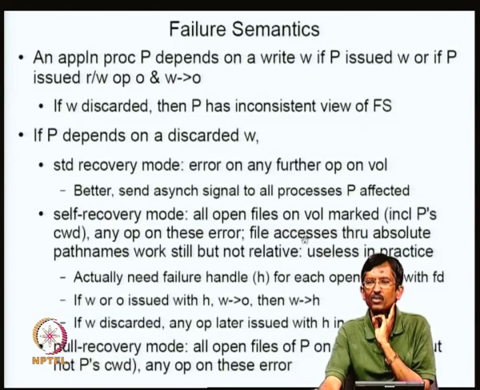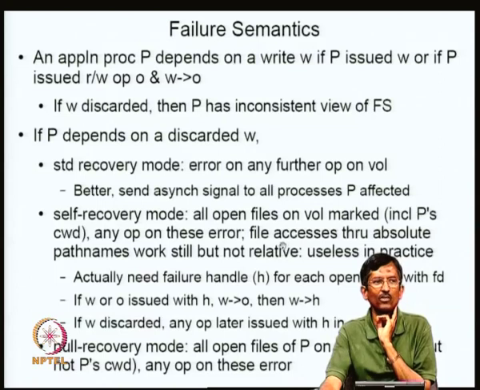Okay. And also they had some other model in mind. The model was that if there is a problem and the application restarts, it will start using absolute path names again. Therefore, the restarted application should be able to proceed.